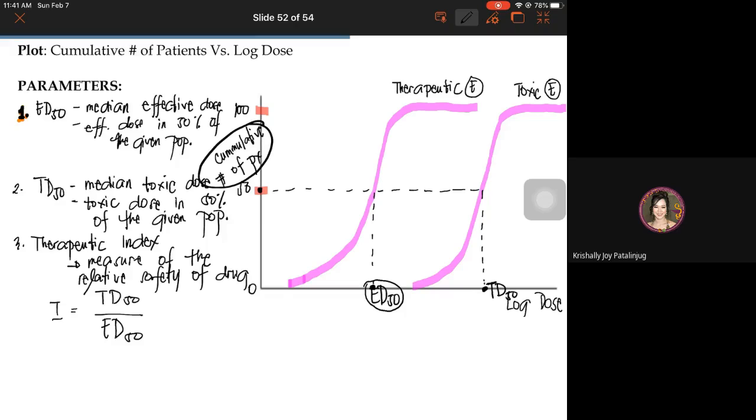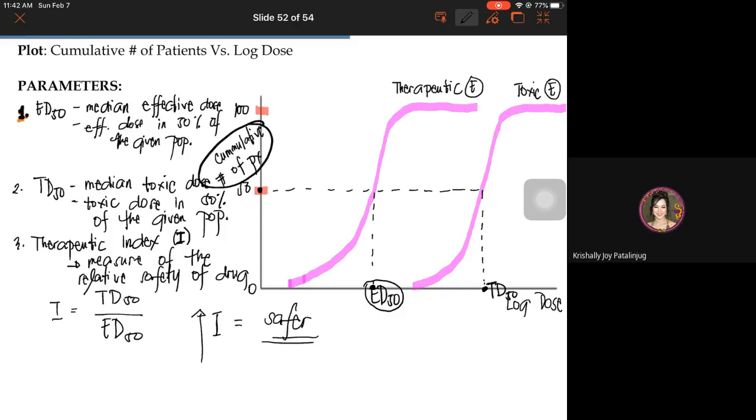And you have to take note here that the therapeutic index, by the way, yung symbol niya is letter I. Okay, that's why I wrote letter I. Please take note that the greater therapeutic index value is considered a more favorable drug, a safer drug.